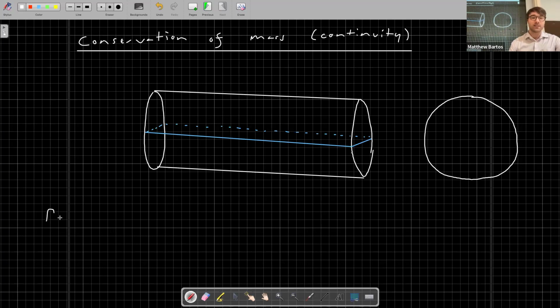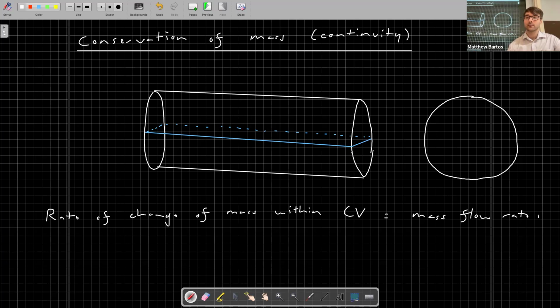The conservation of mass states that the rate of change of mass within our control volume has to equal the mass flow rate in minus the mass flow rate out.